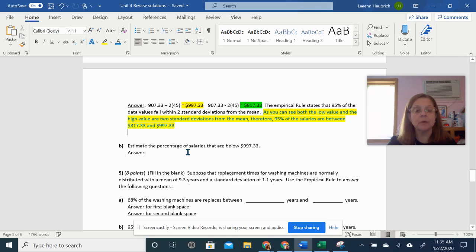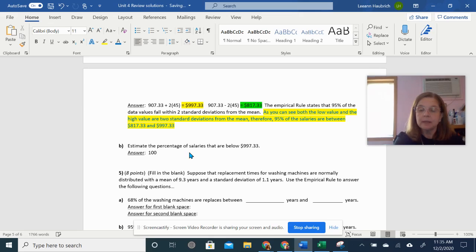So here's what we know. We know that 95% is in the middle. So 100 minus 95 leaves 5% left over. But half of the 5% is below the mean.